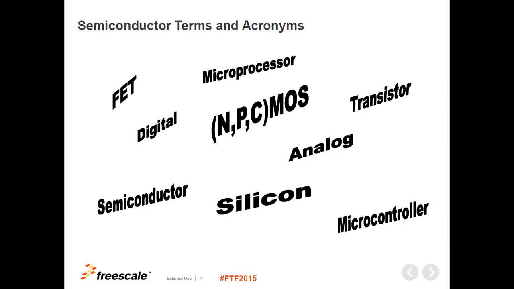MOS is a type of transistor that is using all these elements. N stands for nitrogen, P for phosphorus, C for carbon. MOS is the acronym of a component, and I don't remember the exact acronym, but the last word is silicon. Basically, it's printed on silicon.